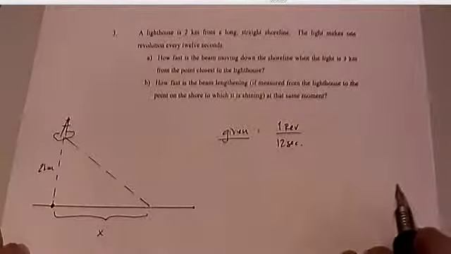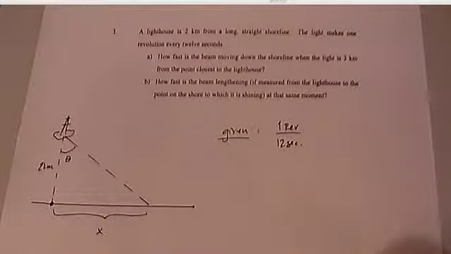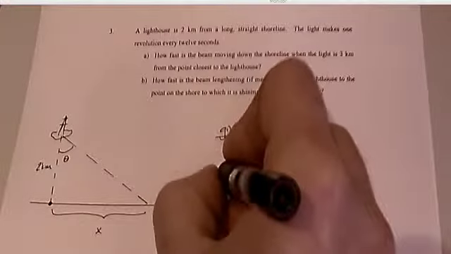So what it's asking is, if you go ahead and talk about the beam out here, let's talk about this as x, and this right here is my theta. The question is, what is dx dt?